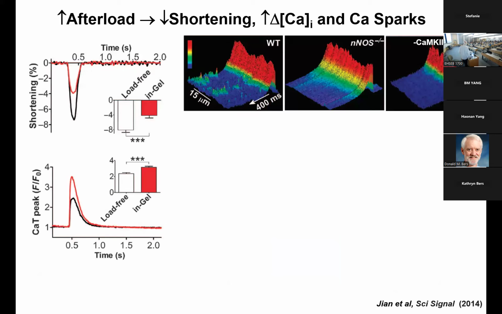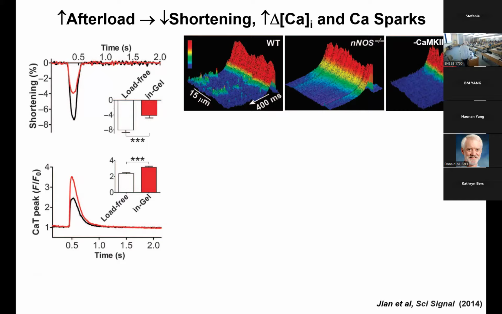What she reported in her first paper a number of years ago was that if you put the same cell in a gel, it doesn't shorten as much because it's developing force. Not a surprise. But what was a little bit of a surprise was how big the calcium transient got. It increased the calcium transient substantially, and it also promoted calcium sparks that you can see in this 3D plot up here.